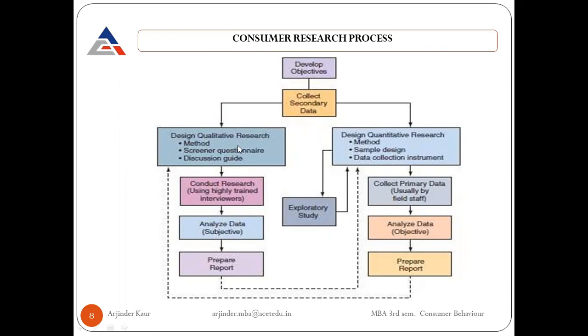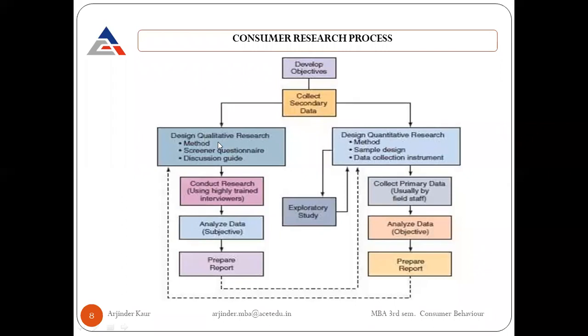And in case of qualitative research, we'll decide on the method. Then we can screen a questionnaire and or we can develop a discussion guide. So once these things are finalized, then the research is being conducted.